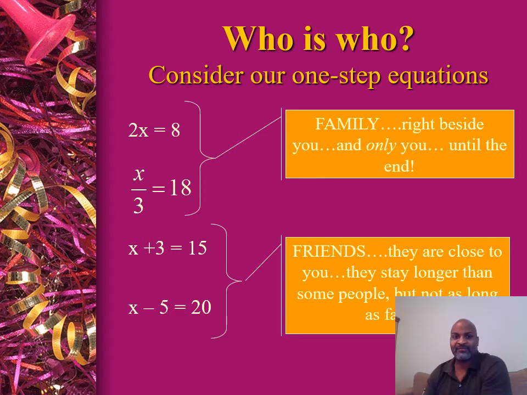So those are family members. Then you have addition and subtraction. They are close to you. They stay longer than some people, but not as long as family. Notice that there's something in between, like a plus or a minus, when you're dealing with friends. So know the difference between family and friends.